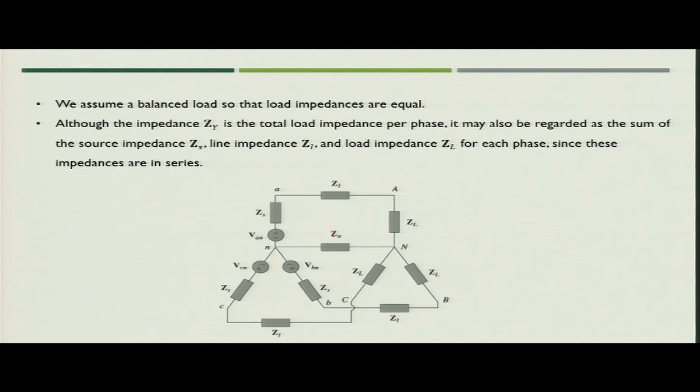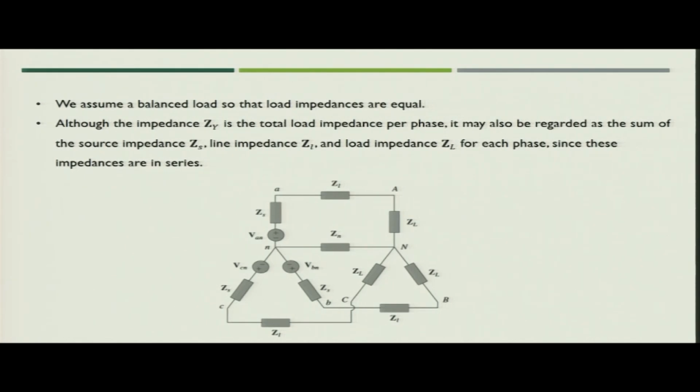So, now you can see this particular combination is a 3-phase 4-wire arrangement where the source impedance as well as the transmission line impedance is considered for the analysis.